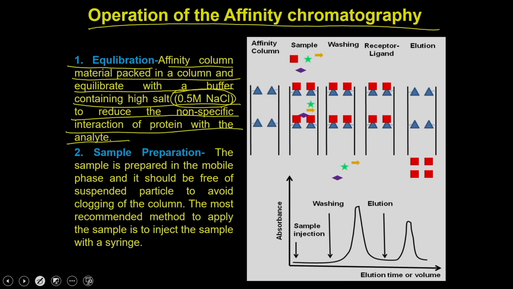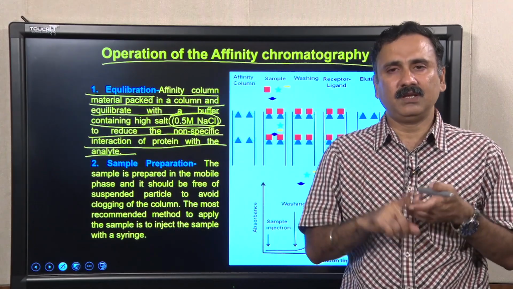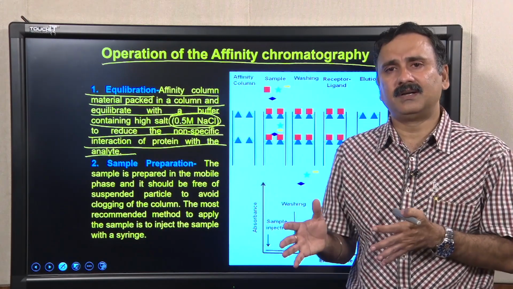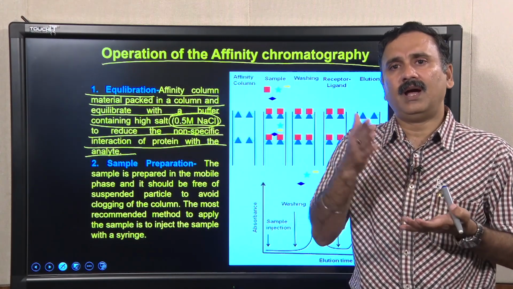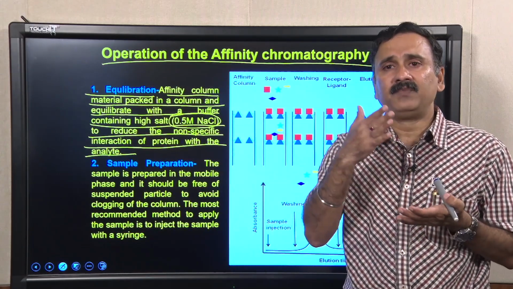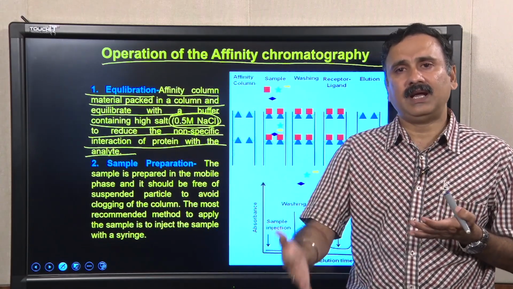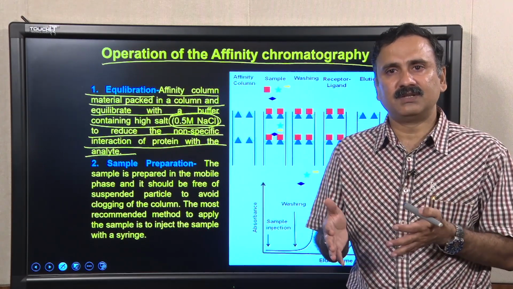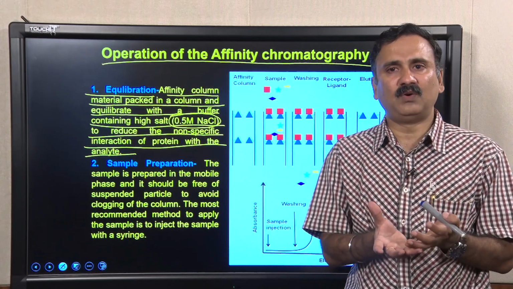So, if you remember, compared to all other techniques, affinity chromatography is the only technique where you have a very high salt concentration, so that you avoid the non-specific interaction of the analytes with the matrix, because the matrix is also made up of sugar.